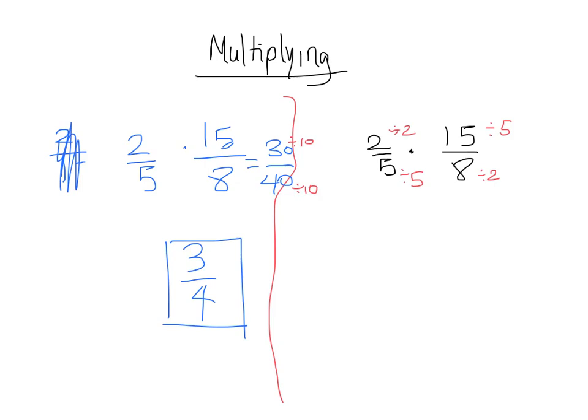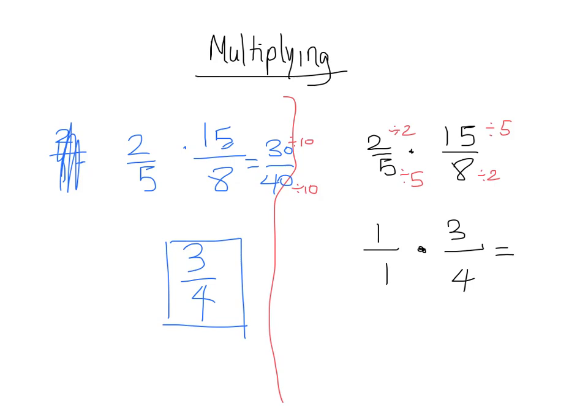So at the top we have 1 multiplied by 15 divided by 5, which is 3, and in the denominator 8 divided by 2, which is 4.